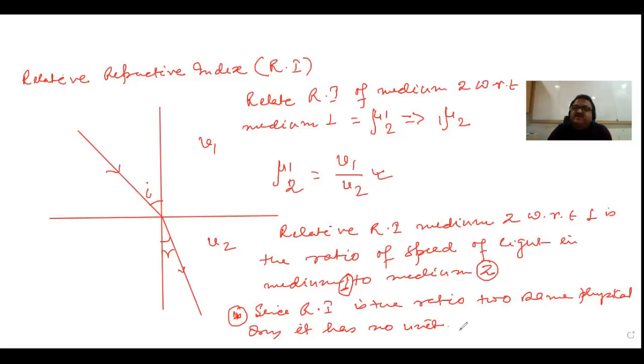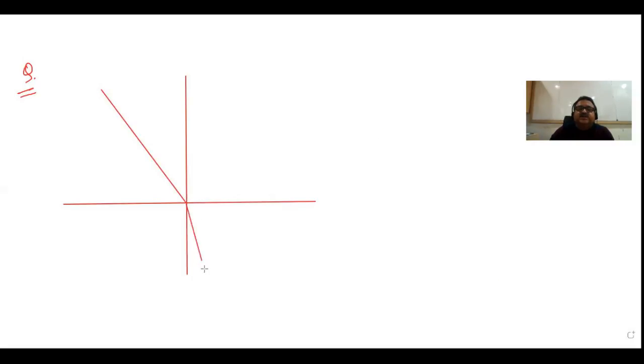Correct? So, giving an example. Let me take a question first. Suppose this is the surface of separation of two media. This is the incident ray. This is the normal drawn. And this is the refracted ray. Now, this is, say for example, any angle.